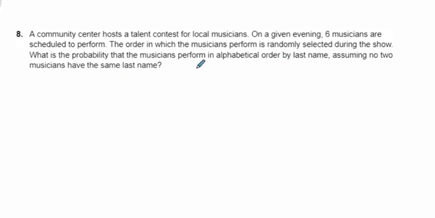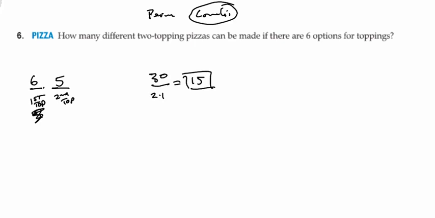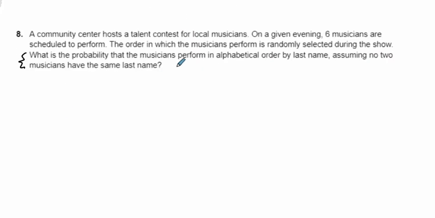So what they're telling us is, hey, order matters. If order matters, that means this is a permutation, and we like permutations because there's no division.